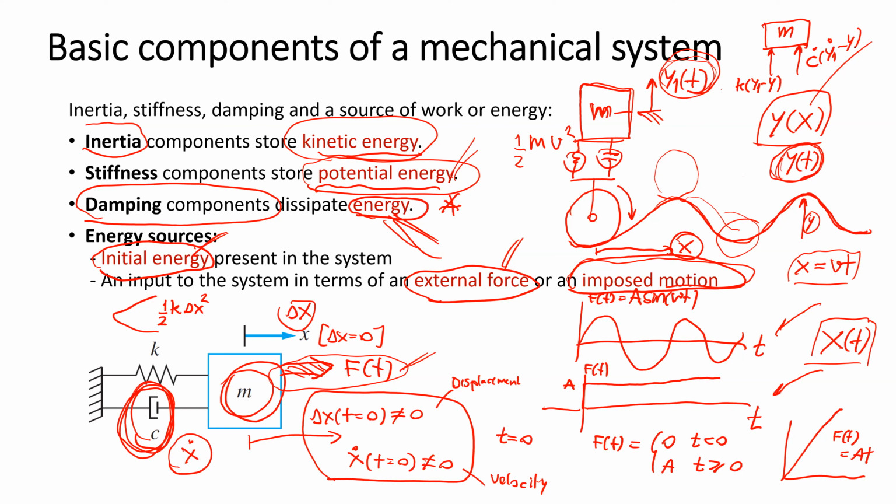So the input of the system or the energy source can come from the initial conditions before the system begins to vibrate, or can be the input during the vibration.